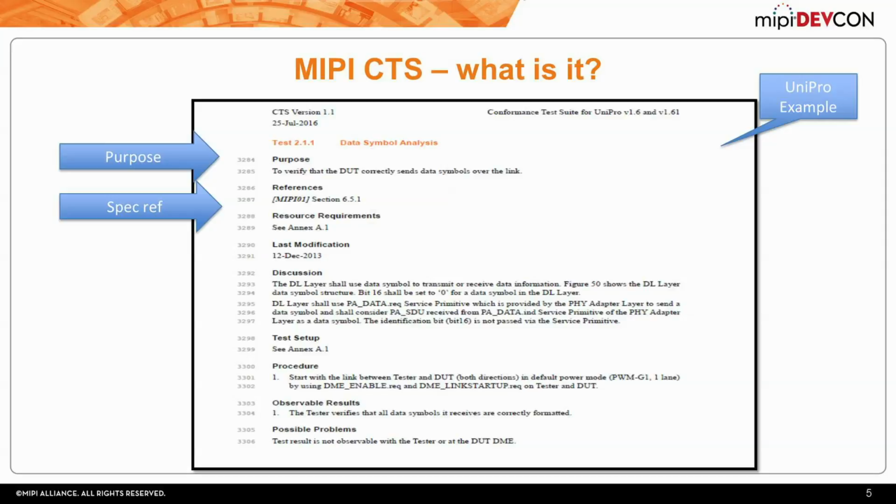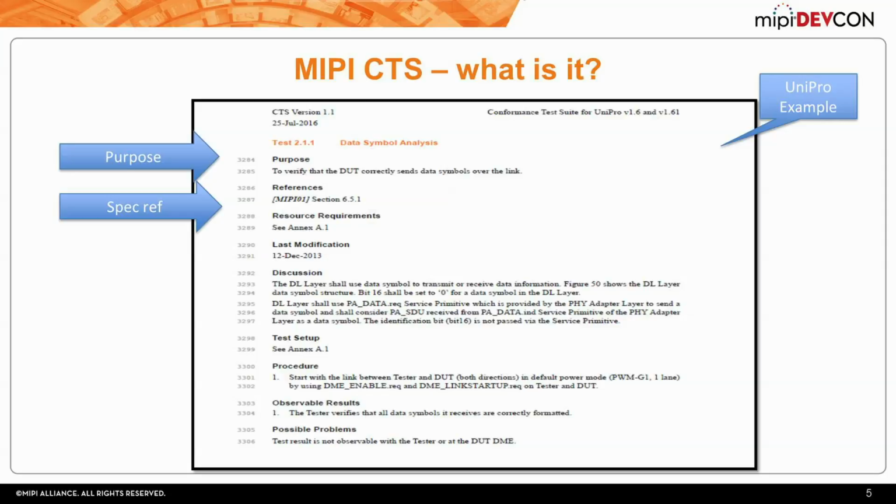Last time this test was modified, and a discussion. Usually it contains a few paragraphs from the spec itself describing the functionality, how the certain feature that we want to test works, and some free text describing what we are going to do in the test scenario.